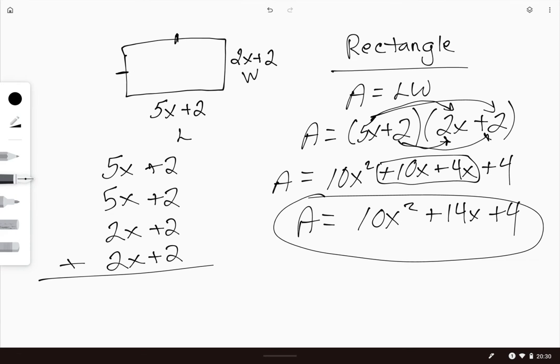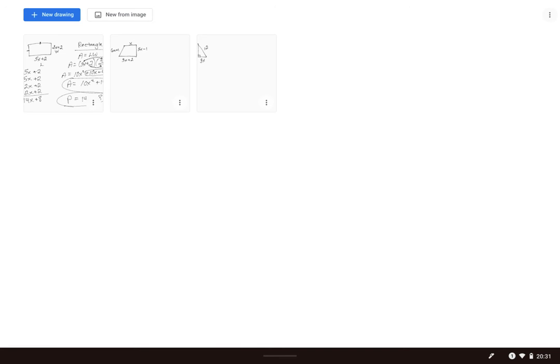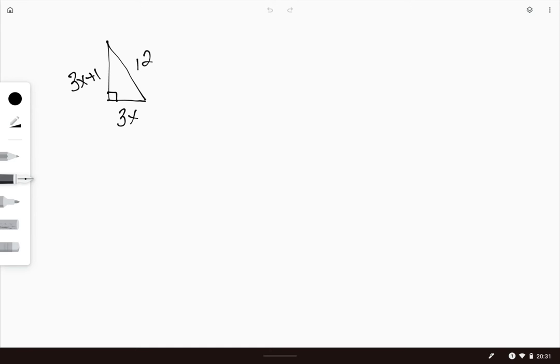So when I add all of those up, 5, 10, and 4 is 14x, and then 2 plus 2 is 4, plus 2 is 6, plus 2 is 8. So I have 14x plus 8. So the perimeter would be expressed as 14x plus 8. And again, you can leave it expressed just like this because we do not know a value for the variable x. Okay? So let's look next at a triangle.